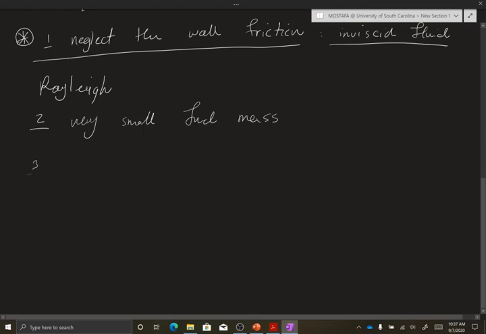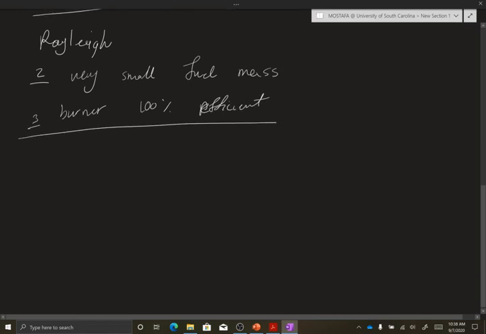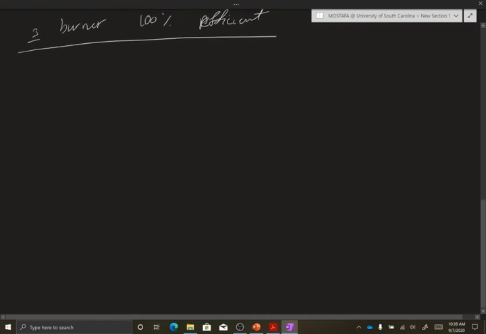And we finally assume that the burner has 100% efficiency. Using these assumptions, we can start solving the problem.